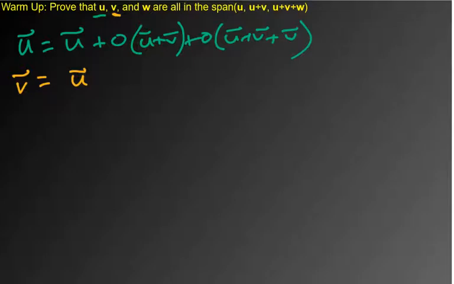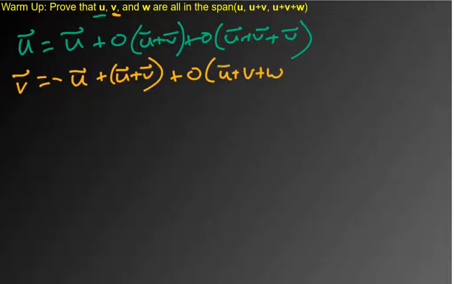Let me do that again. Nope, sorry. I wanted to do minus one of the first, and then plus u plus v. So I can cancel out the u's, right? And then I'm going to take 0 of the last vector, u plus v plus w, and that would do it, right? Because these will cancel out the u's, and then I don't get any of these anyways, and then I just get v, right?